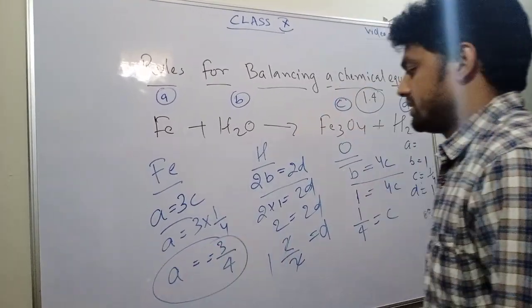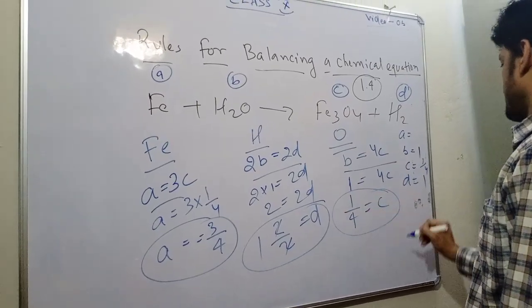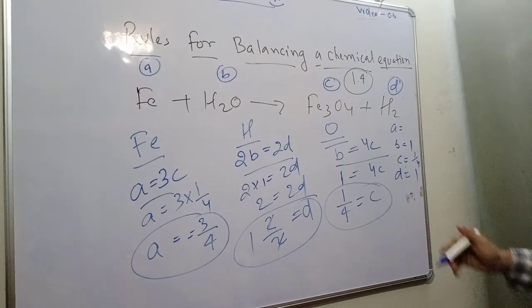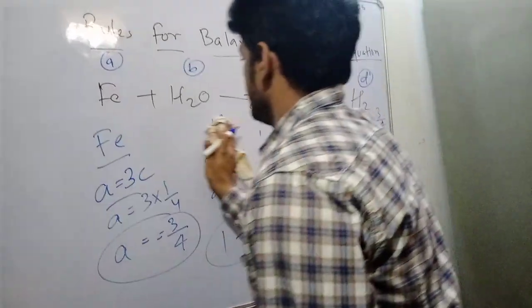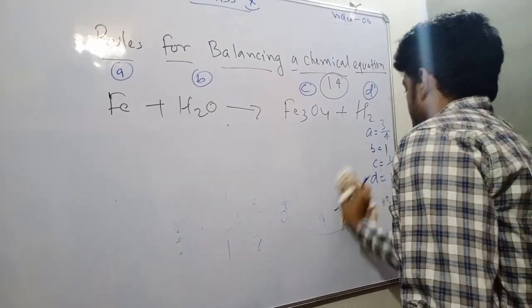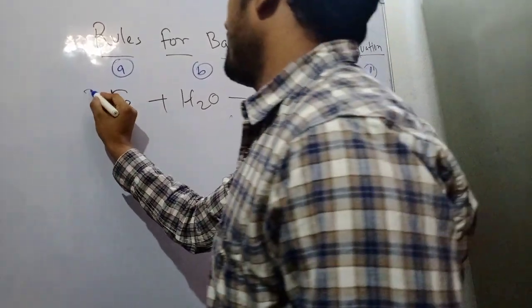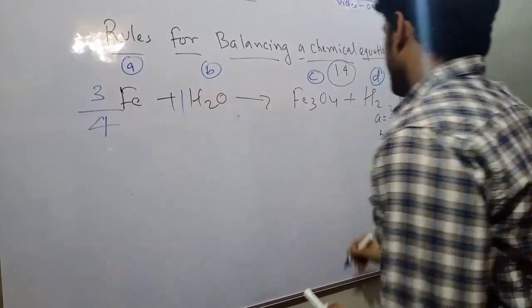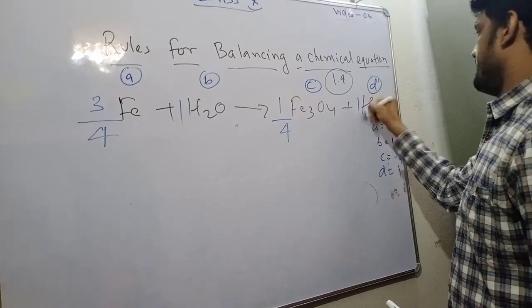So A is equal to 3 by 4, B is equal to 1, C is equal to 1 by 4, D is equal to 1.